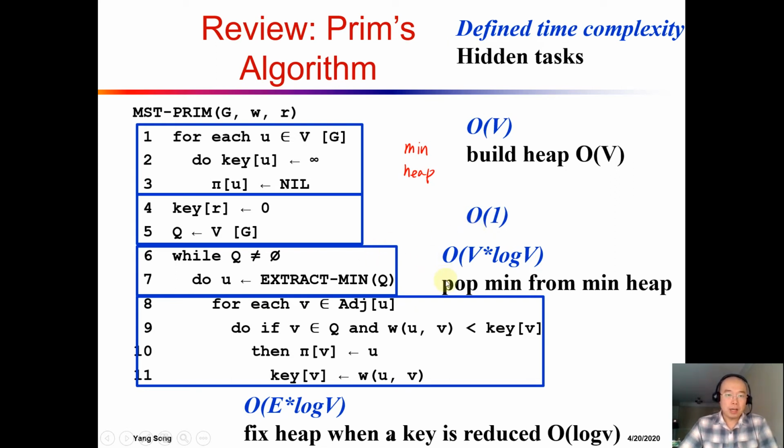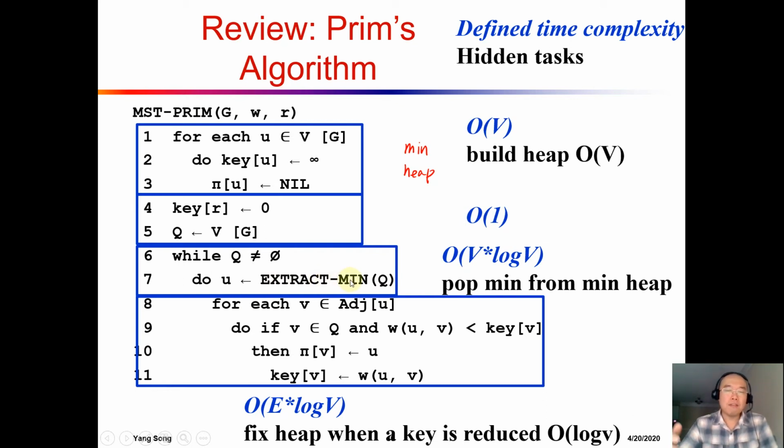How many times are we going to do the extract min? We know that if we have V vertices, we're going to run that V times. And the next part, how do we do the extract min?